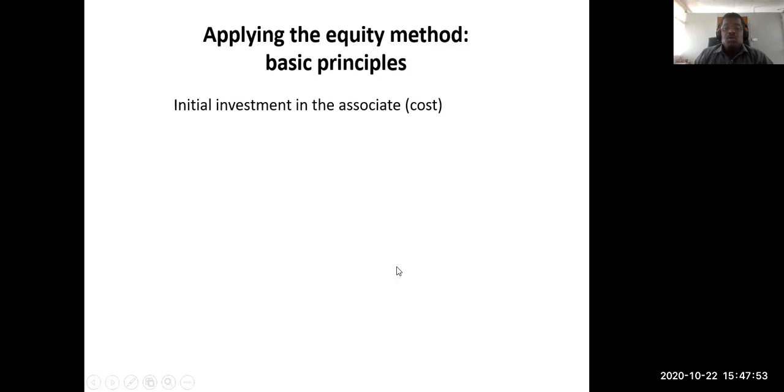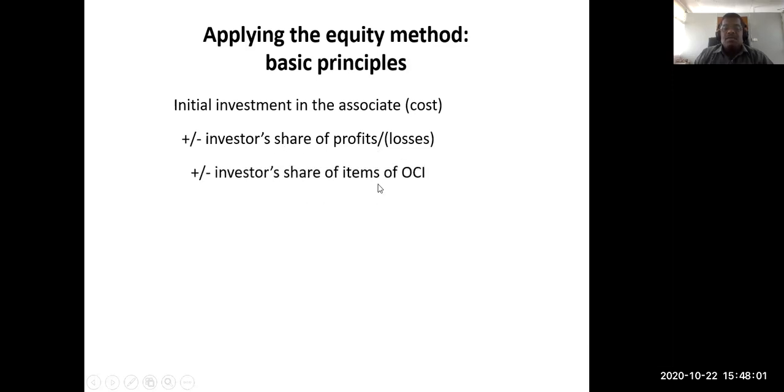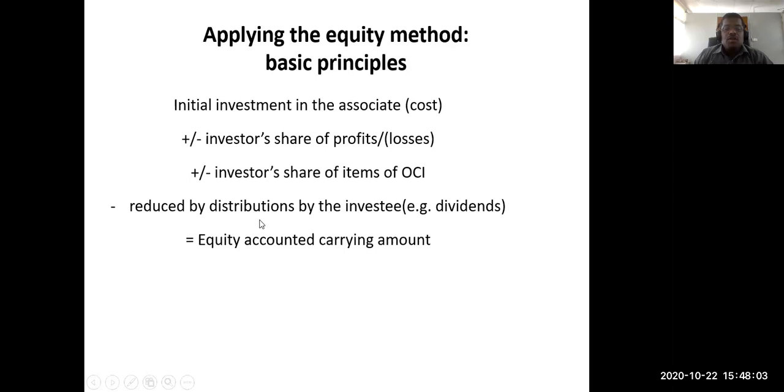Initial investment in associates at cost, plus the investor's share of profit, plus the investor's share of items of OCI, reduced by distributions by the investee, gives the equity accounted carrying amount. So this is similar to a partnership account. In a partnership or sole proprietorship, you take the capital, add the profit portion of the sole proprietor, and deduct the drawings.